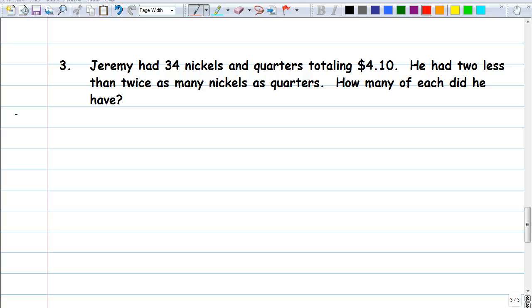I sort of read it wrong because I got confused. It says he had 2 less than twice as many nickels. I saw nickels first, and I thought it was okay. So if you're like me, to help you remember, read it this way. Don't worry about this 2 less than. Just read this as he had twice as many nickels as quarters. What do you have more? Nickels. Does that make sense? So we're gonna let what?